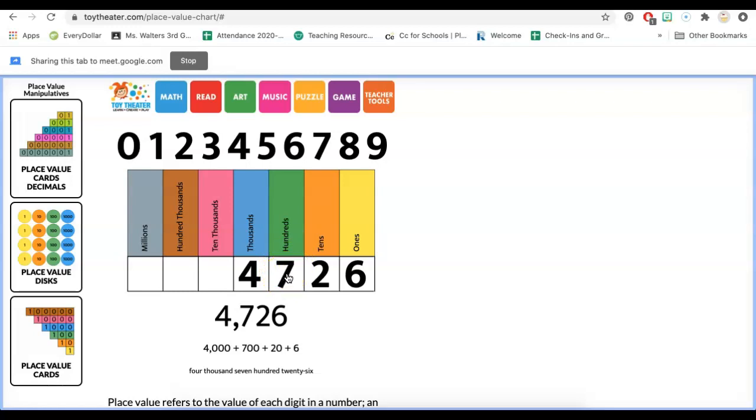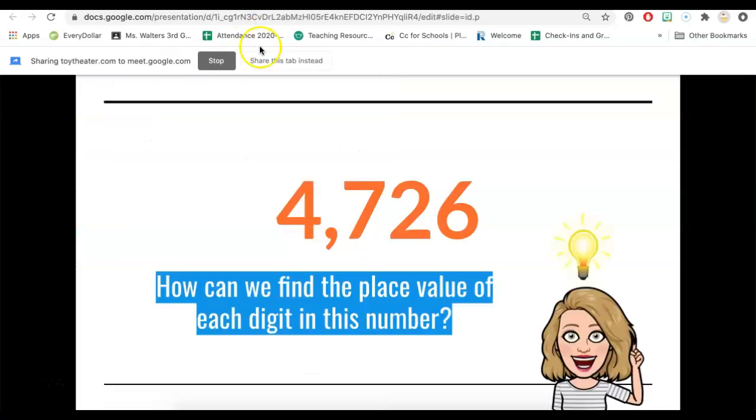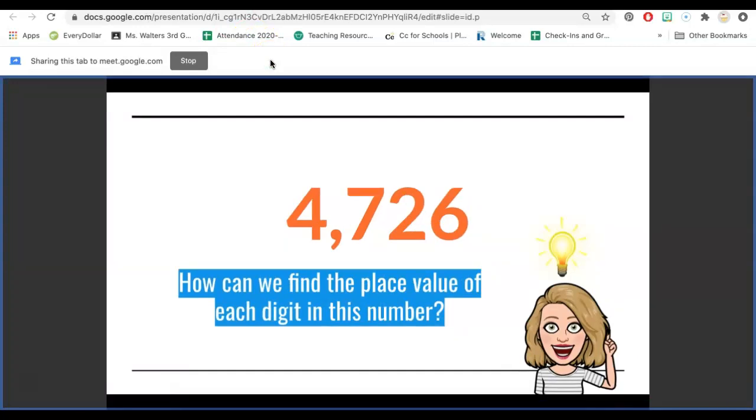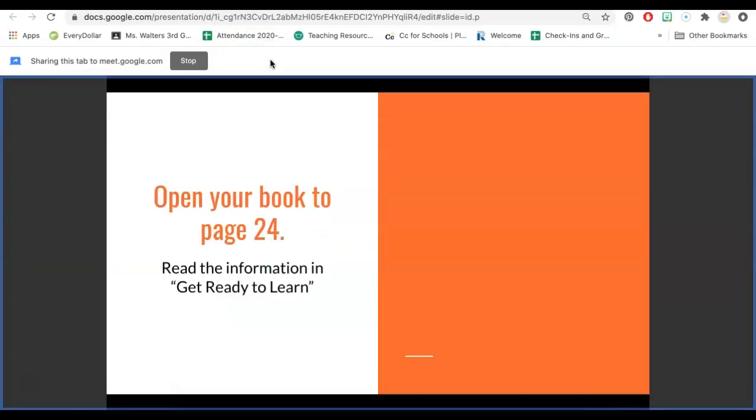And then this 4 is worth 4 thousands, or 4 times 1,000, which is 4,000. So this 4 here is worth 4,000 really. So that's how we find the place value. We use a place value chart.